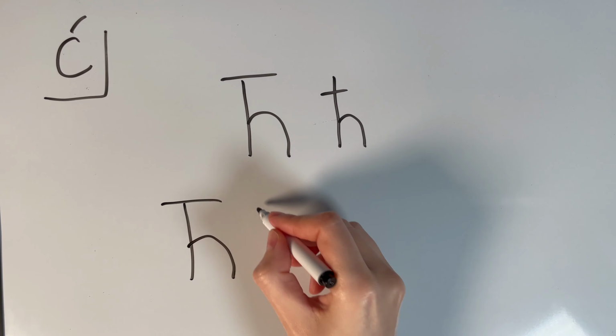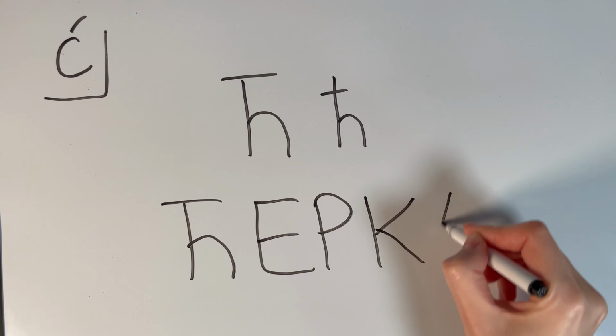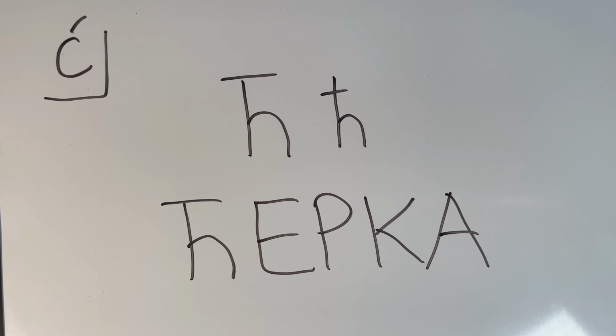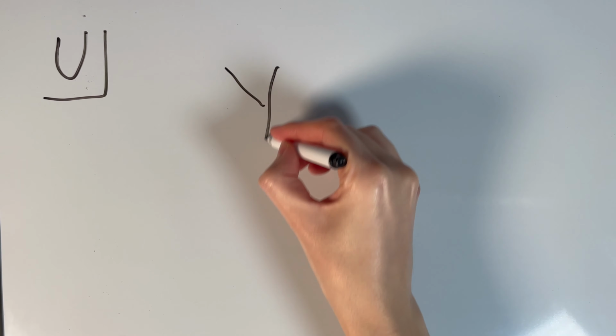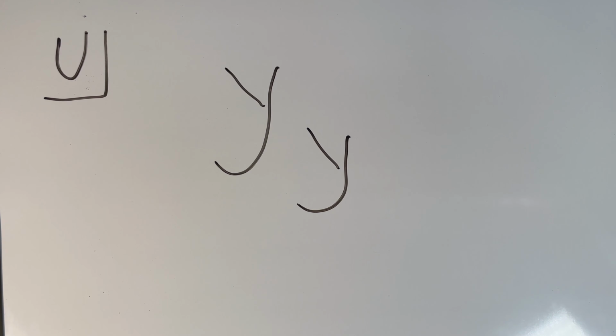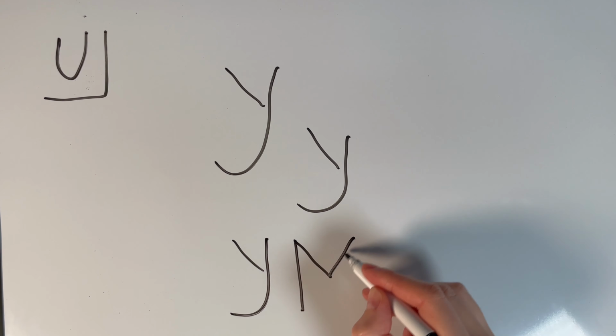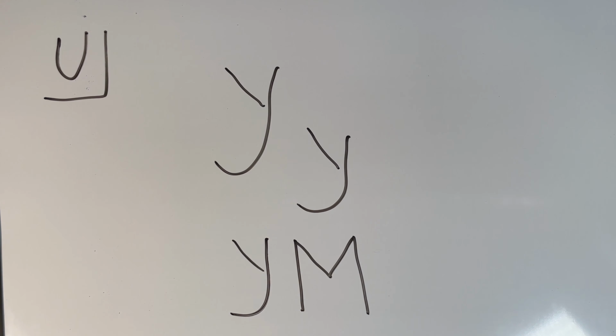The example word is ćerka, which means daughter. So whenever you see a Serbian last name ending in ić, that's the letter that you will see, ć. Then we have u, which looks like upsilon, but it's actually pronounced as u. And the example word means mind.